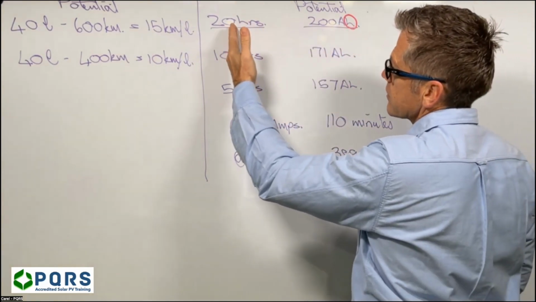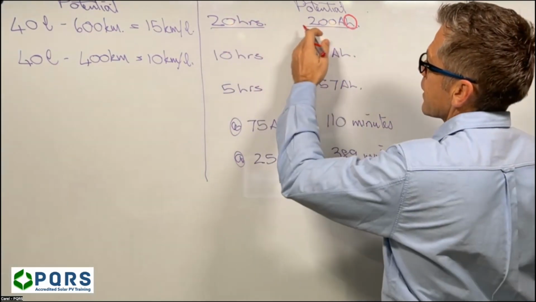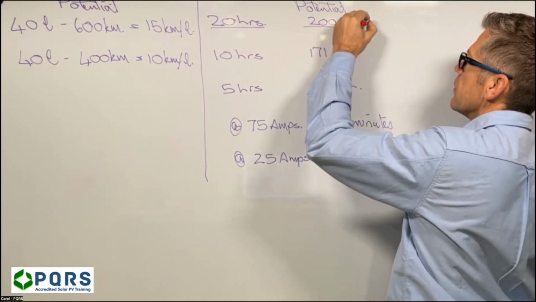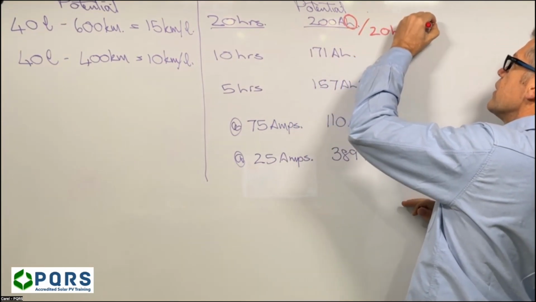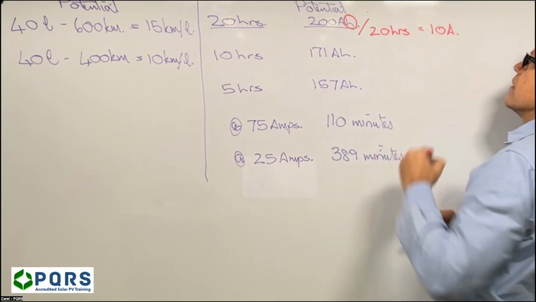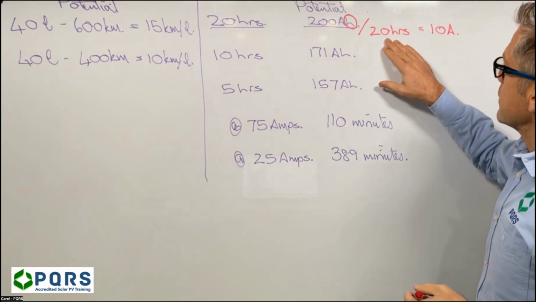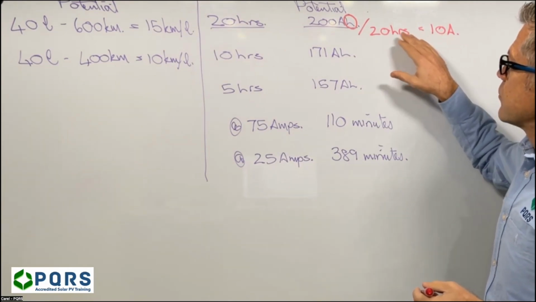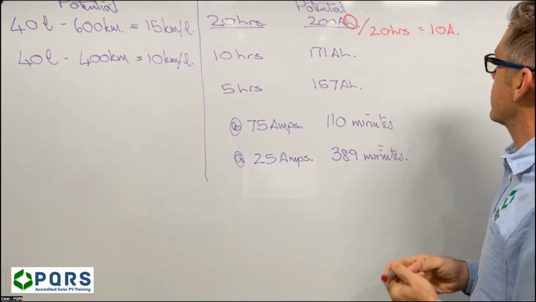When they give us the hour rating, what we can do is take the amp hour value and divide it by the hour rating, and that will tell us what the anticipated rate of discharge is. So what they're saying is if we discharge this battery at a rate of 10 amps for 20 hours, it'll give us the full capacity of the battery.